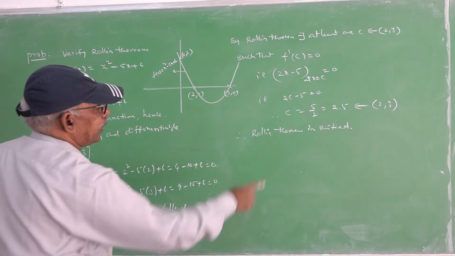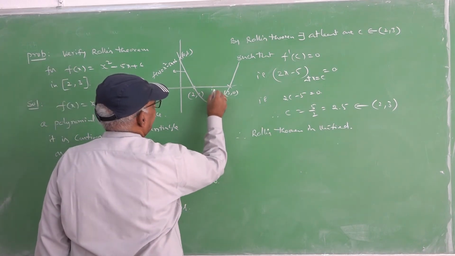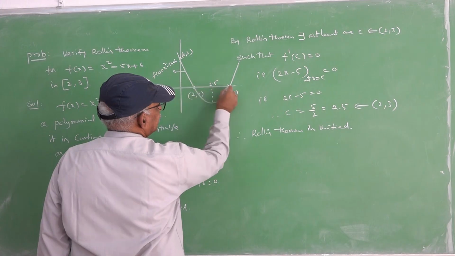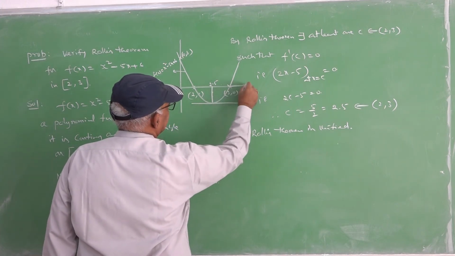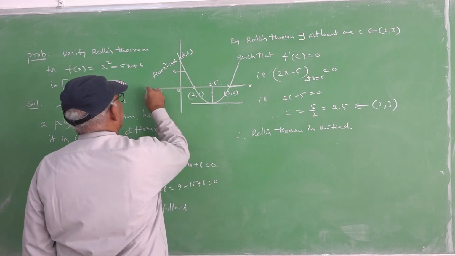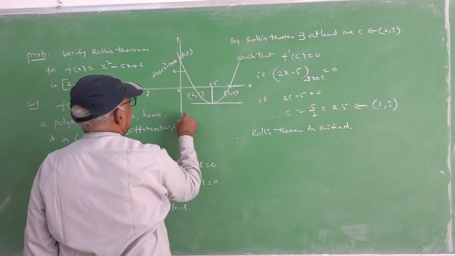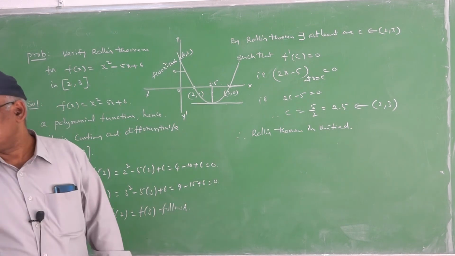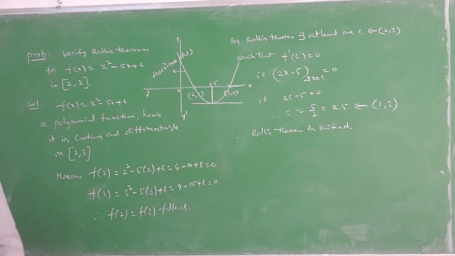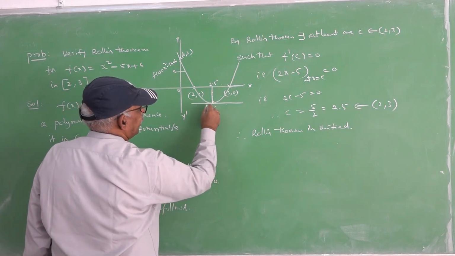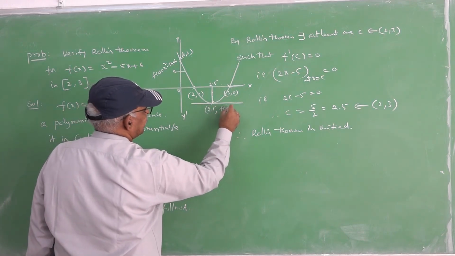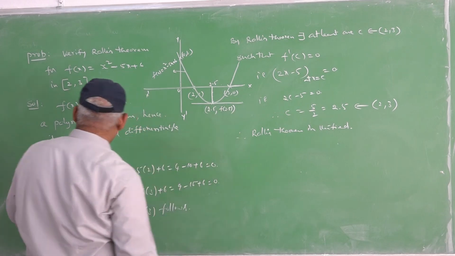Certainly at 2.5, there is one point that lies between 2 and 3, where the tangent is parallel to the x-axis, as per the geometrical interpretation of Rolle's theorem. The tangent is drawn at this point 2.5, f of 2.5, taking x equal to 5 by 2.